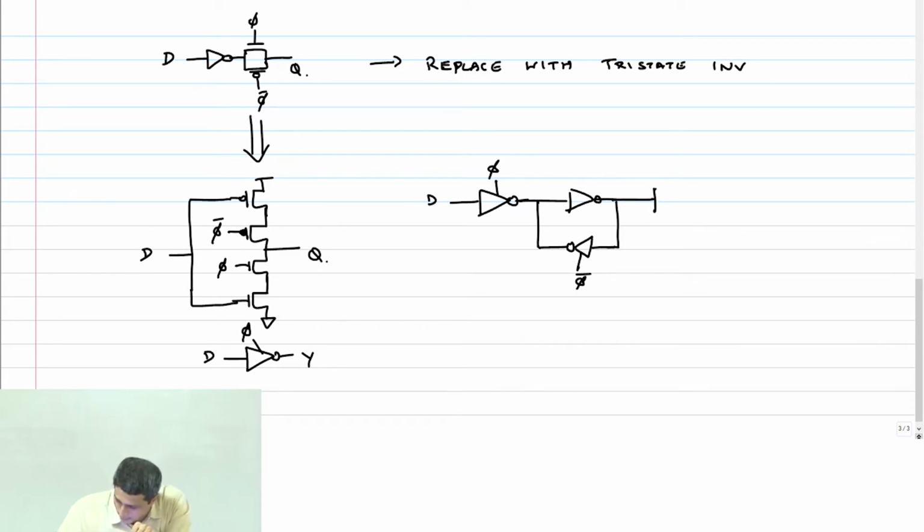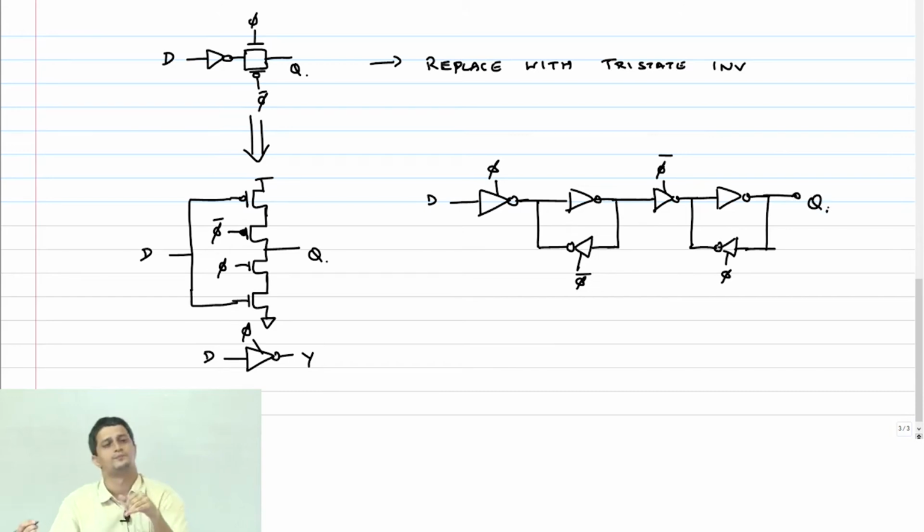Then I can put another tri-state inverter here, which is phi bar, the feedback inverter, Q. Okay? And this is QM.